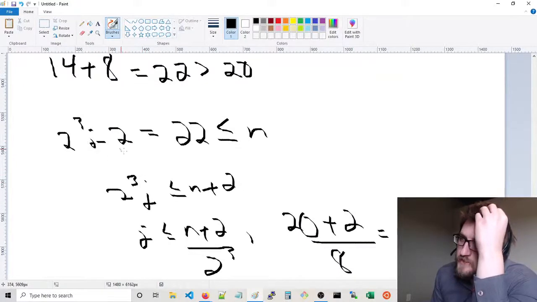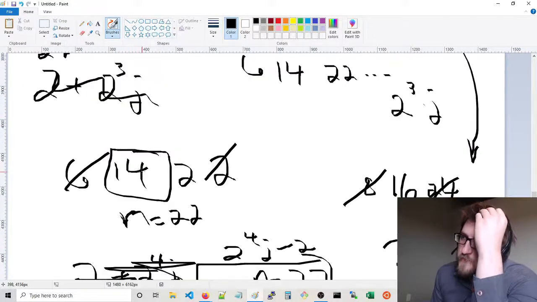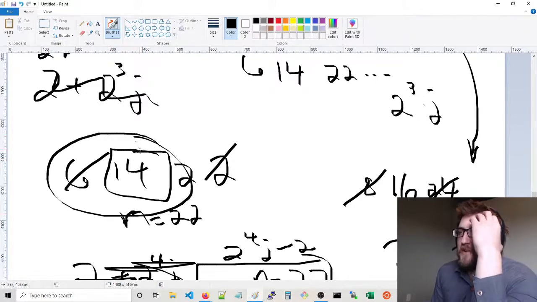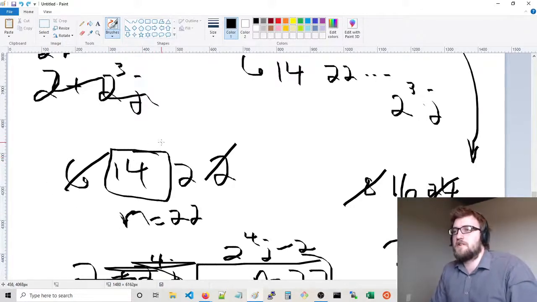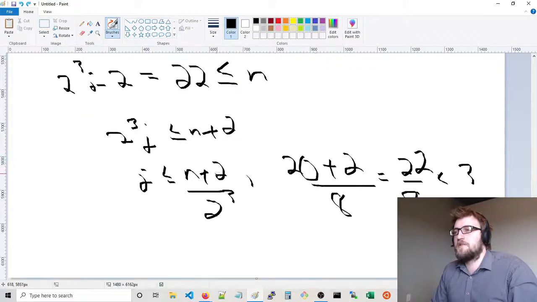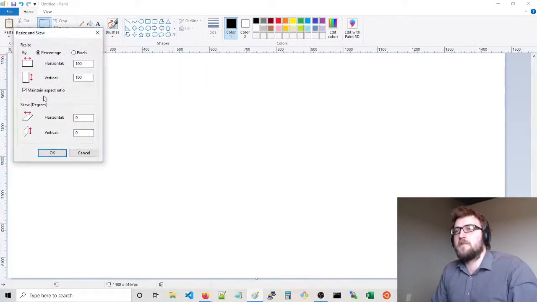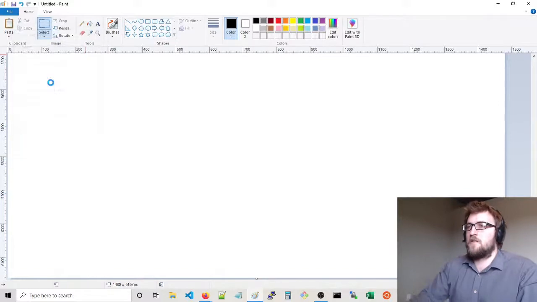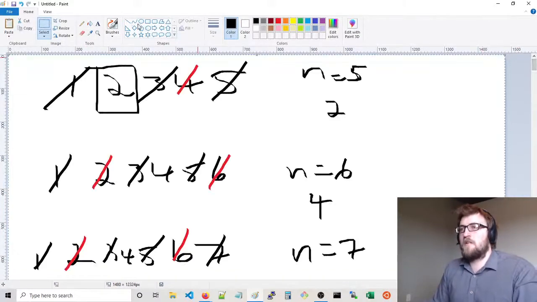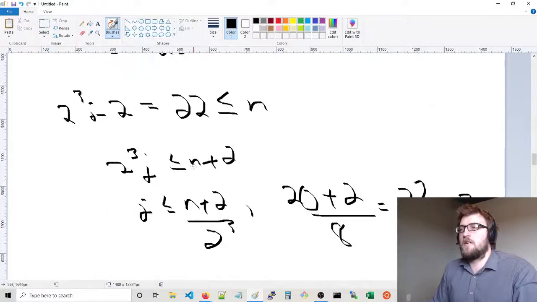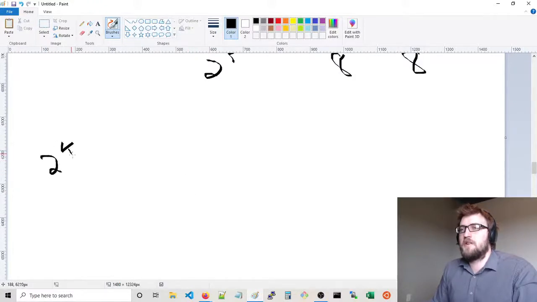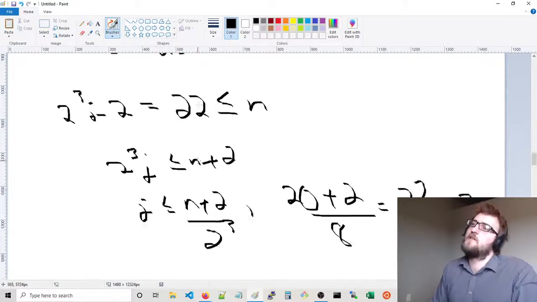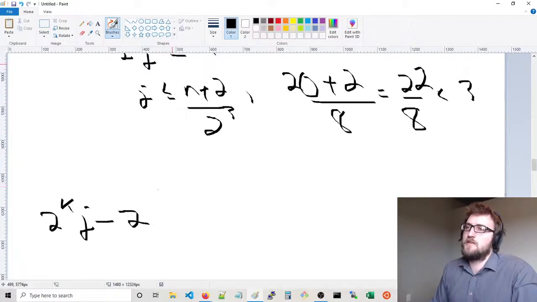Yeah. See, that's kind of the deal. We want this to be exactly 2. Or rather, not exactly 2, but where this ends is when this 2 raised to the... This is a little weird, but there's 2 raised to the k j minus 2, right? Is less than or equal to n.